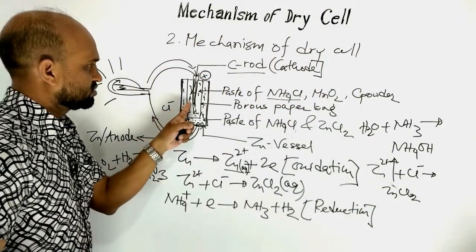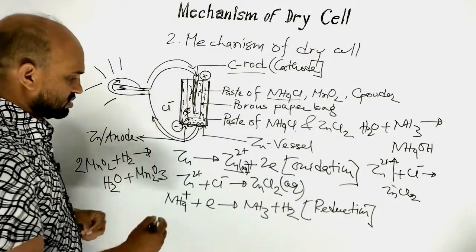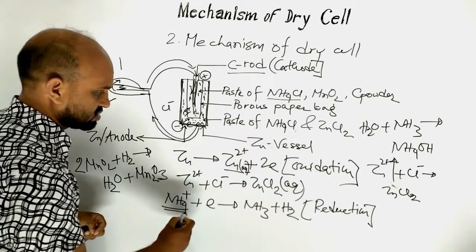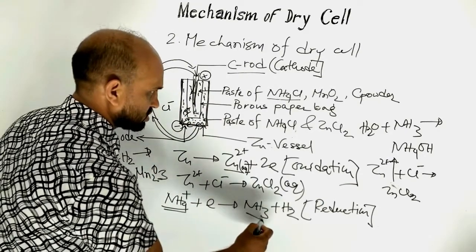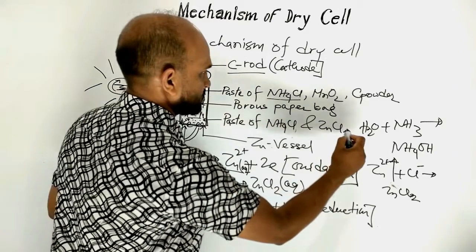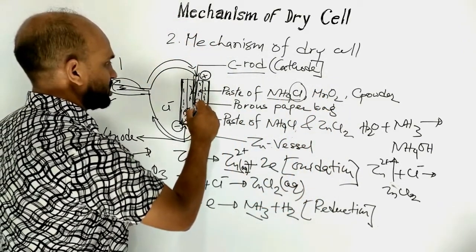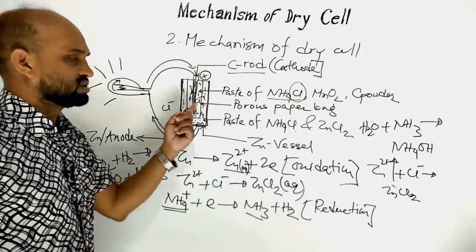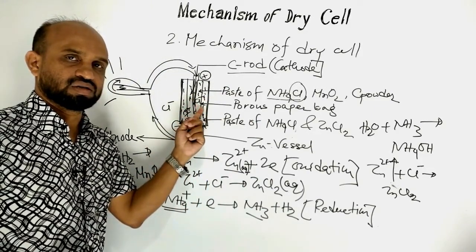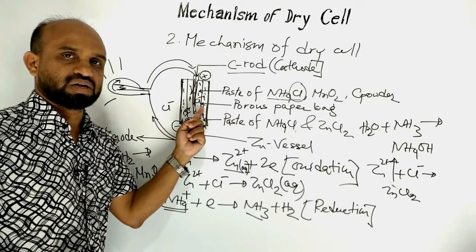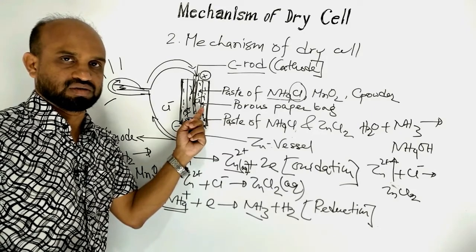Again, inside the porous bag, ammonium ion is consumed. That is why inside the porous bag, concentration of chloride ion is increased. That is why their electrical imbalance is created as well.